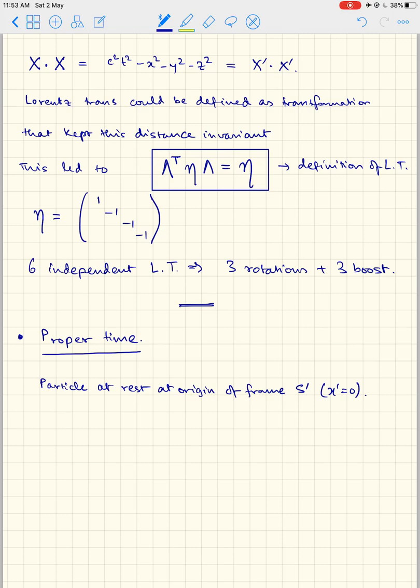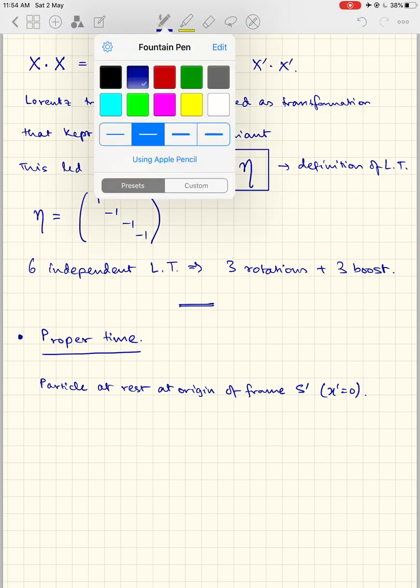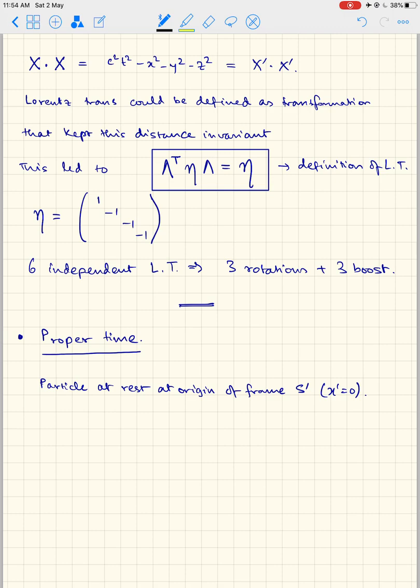So now in this particular frame, let's draw this.